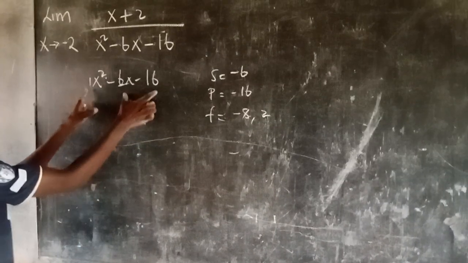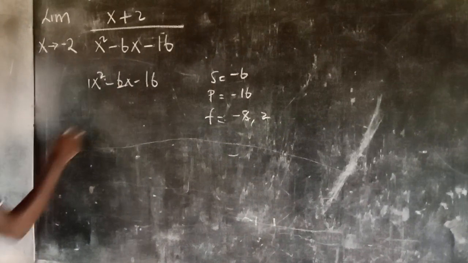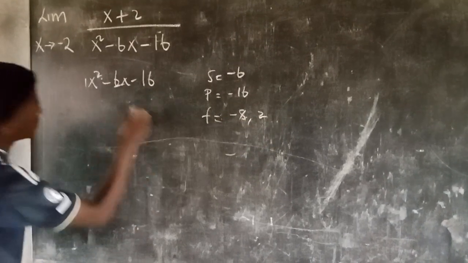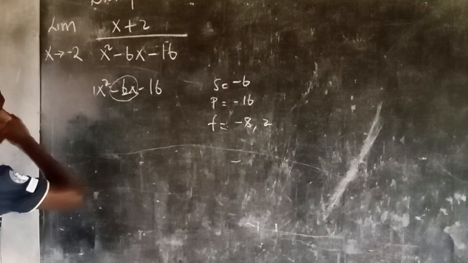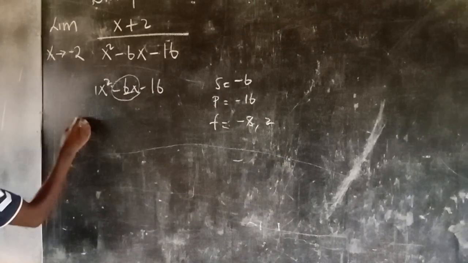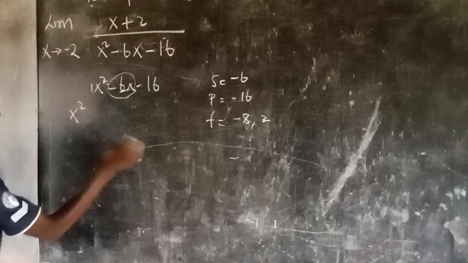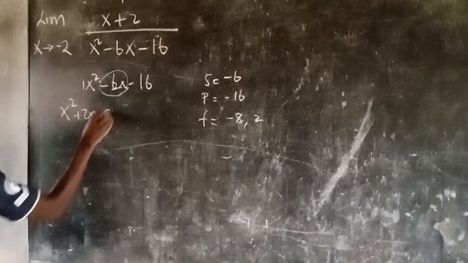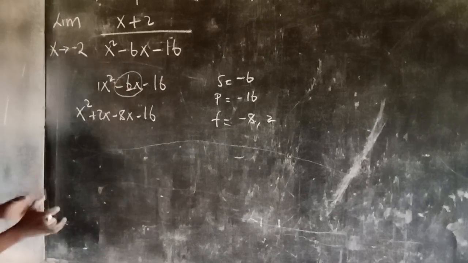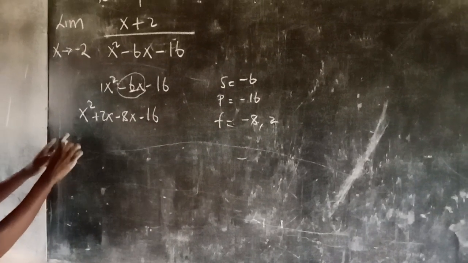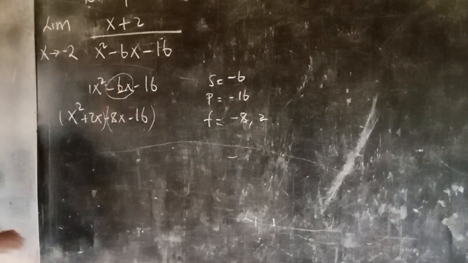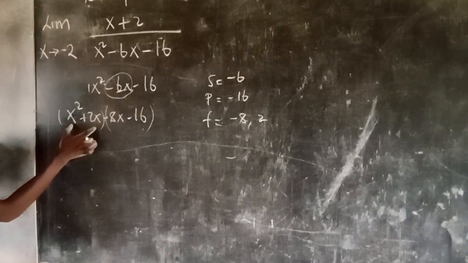So let's now factorize what we have here. You substitute your factors where there is sum. So you are going to have x squared plus 2x minus 8x minus 16. And then here you can factorize them by grouping them. You factorize this part, then you factorize that part. Here what is common is x.